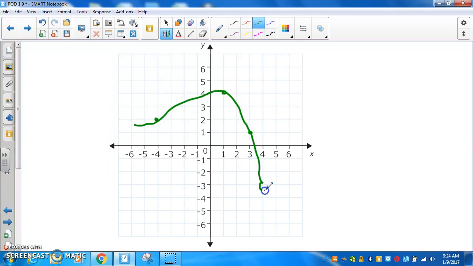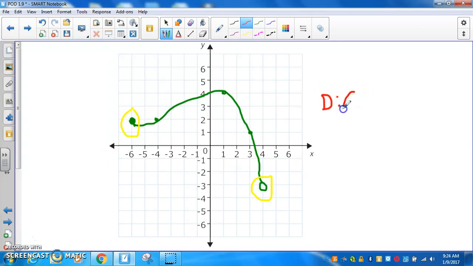And something I want to bring up here is the endpoints. So notice on the left side of this curve, I have a point that's filled in. And on the right side of this curve, I have what looks like an empty circle. The way I'm going to write this now, domain, remember domain is the x-axis.